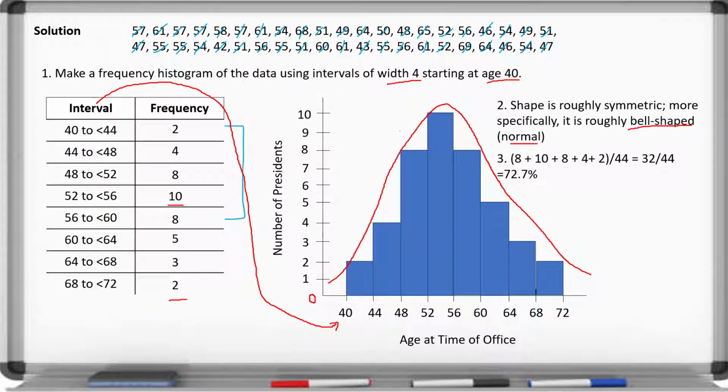Before the age of 60, we have this line here. We have to add up all of these presidents: the 2, 4, 8, 10, and 8 presidents. We add those together, divide by the total number of presidents, and then multiply by 100, and we get 72.7%.